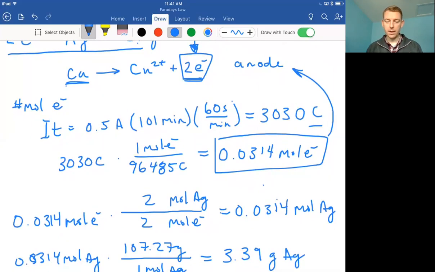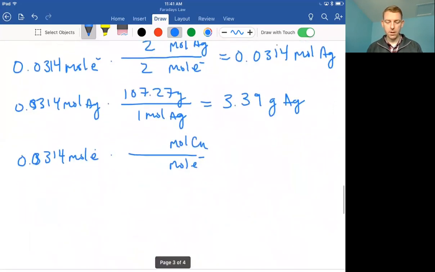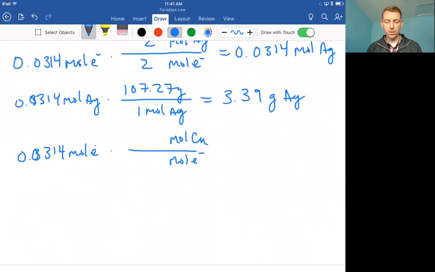So we'll take that back down the page and say, 1 mole of copper per 2 moles of electrons gives us 0.0157 moles of copper.